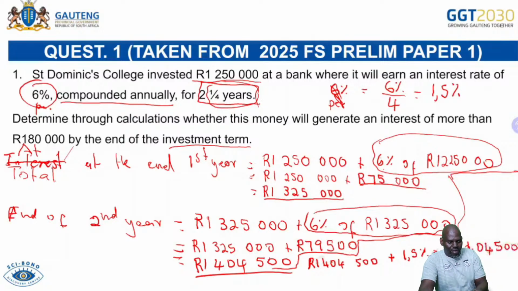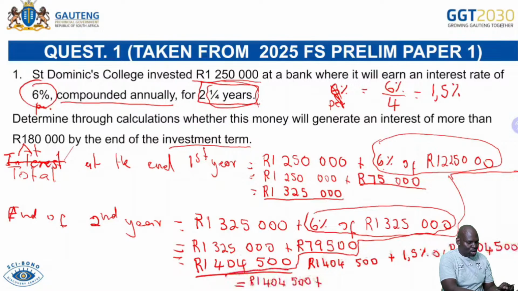So it's 1,404,500 plus 1.5%. Then from there, this equals 1,404,500 plus. Now I have to calculate 1.5%. 1.5% of, I say 1.5 divided by 100 multiplied by 1,404,500.